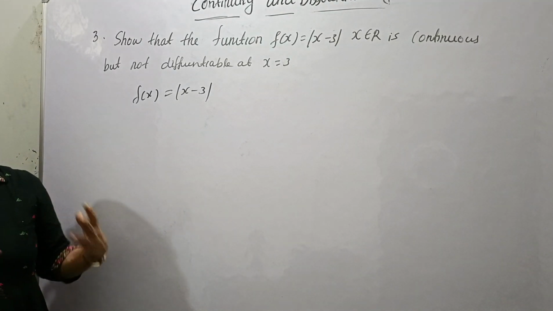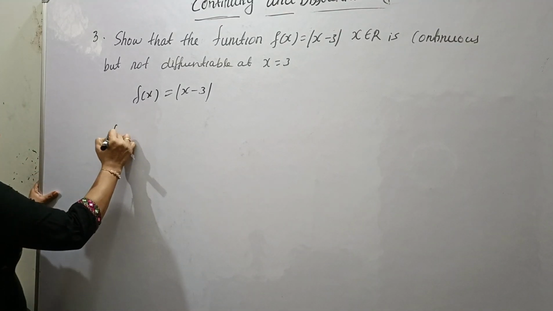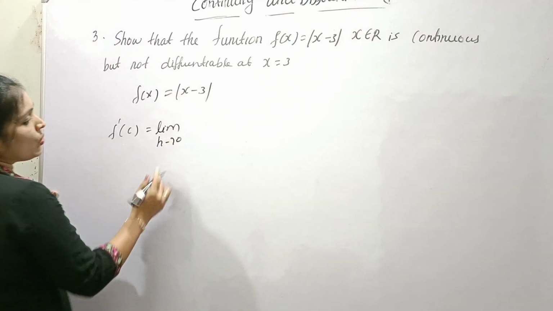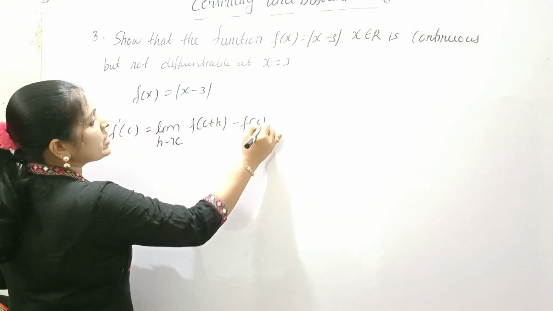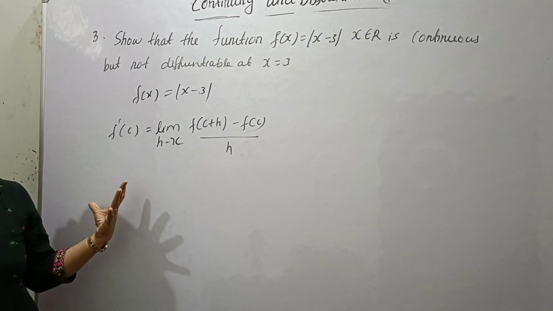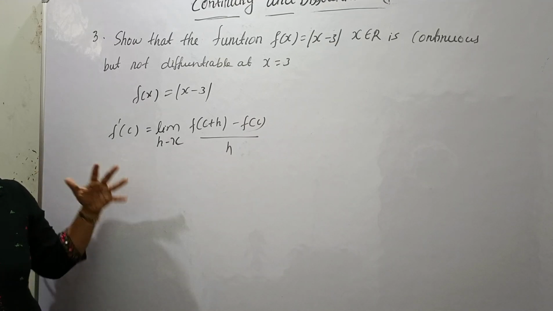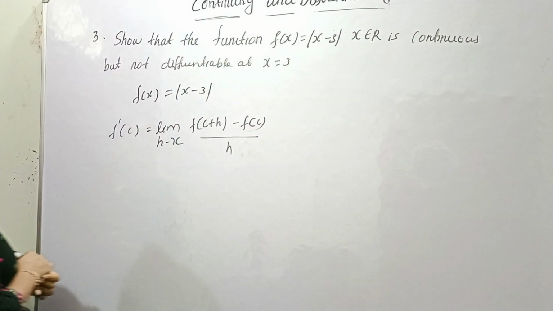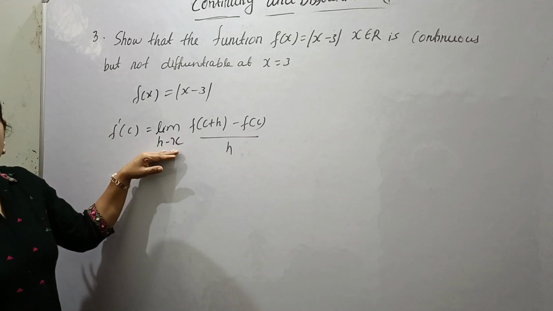And we know that a function is differentiable at x is equal to c if f dash of c is equal to limit h tends to 0 of f of c plus h minus f of c divided by h exists, or left hand derivative is equal to right hand derivative. Okay, so here we have to prove it is not differentiable at x is equal to 3. So here c is equal to 3.